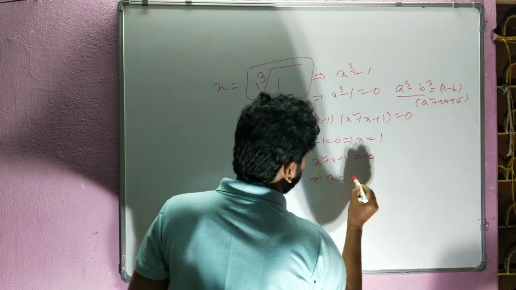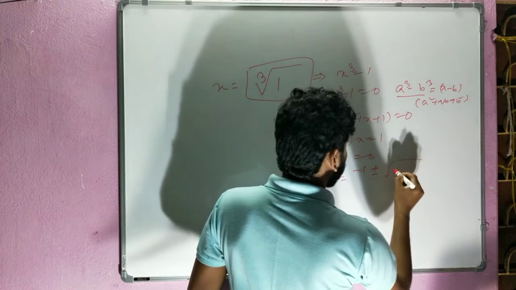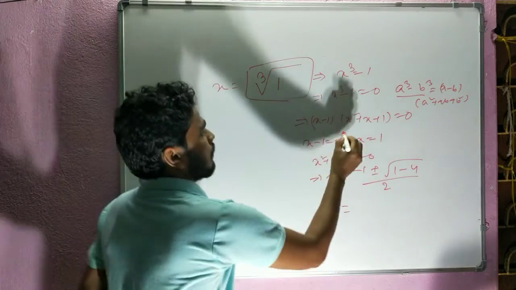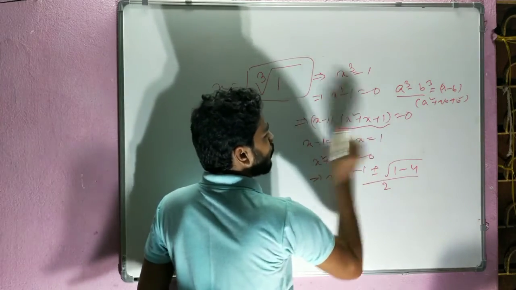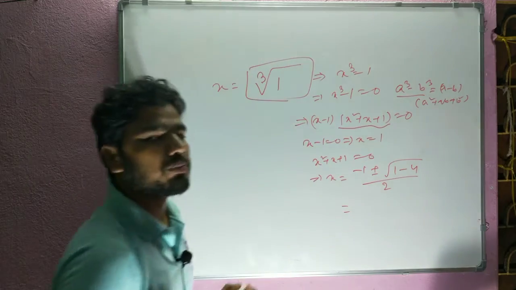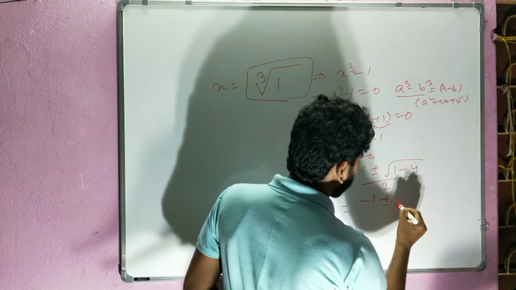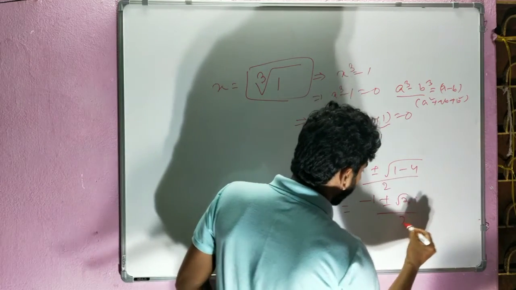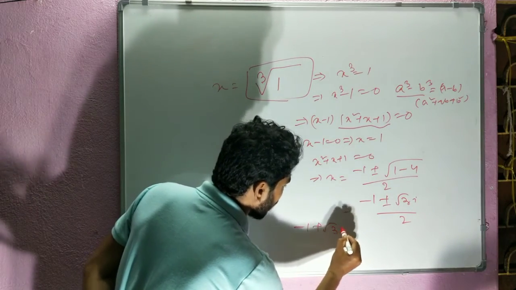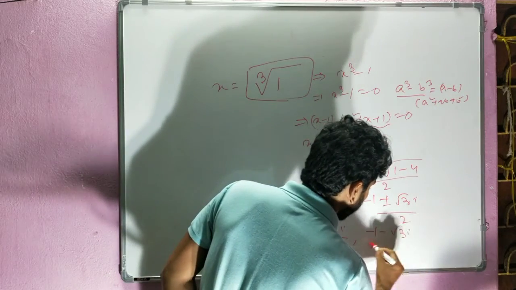Solving this quadratic equation by the formula x equals minus b plus or minus root of b square minus 4ac, by 2a, we get minus 1 plus or minus root 3 i by 2. The two roots are minus 1 plus root 3 i by 2 and minus 1 minus root 3 i by 2.